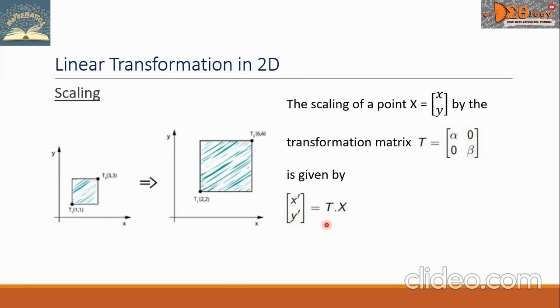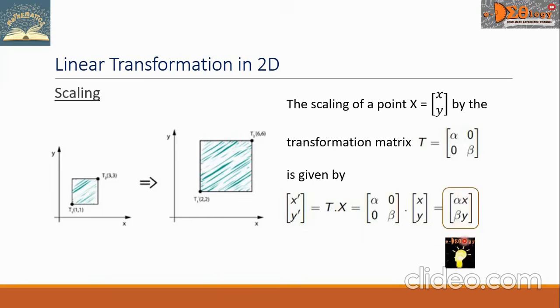This is equal to T times X. We substitute the corresponding matrices, and our new matrix is a column matrix with elements alpha times x, then the second element beta times y.